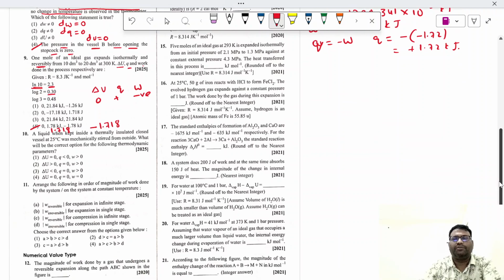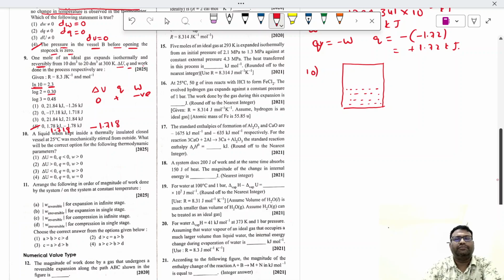Next, coming to question number 10. A liquid is kept inside a thermally insulated closed container. Let us take a thermally insulated liquid.